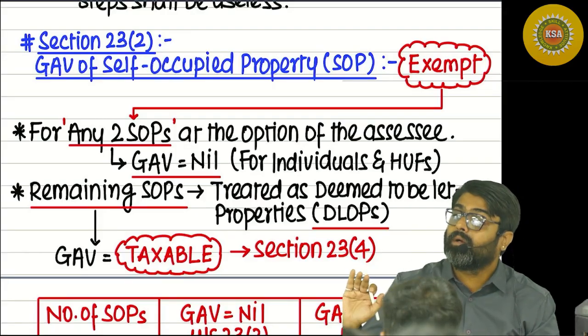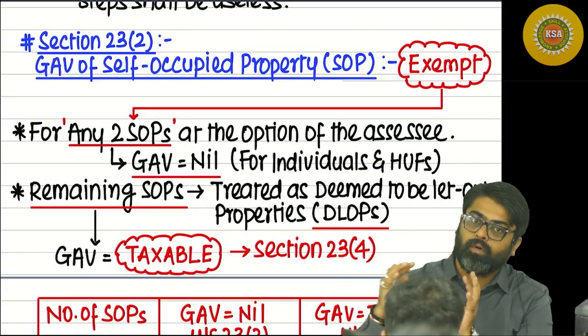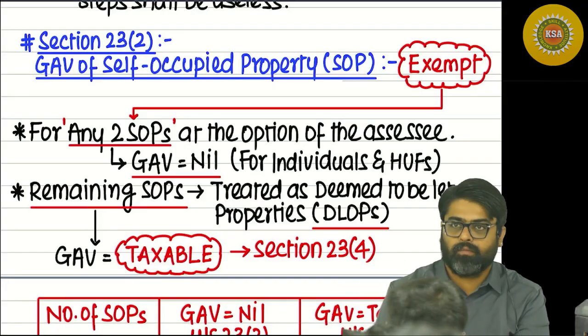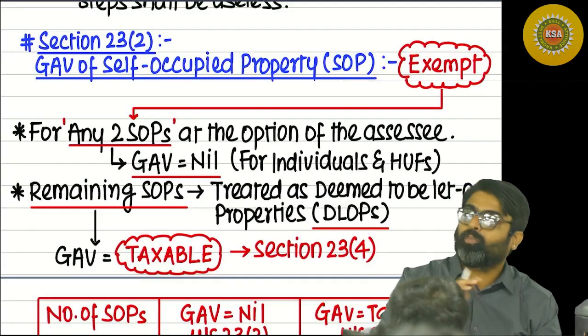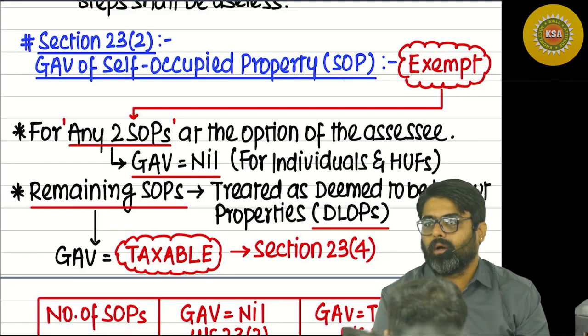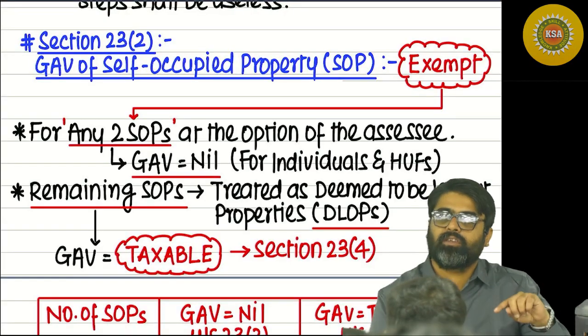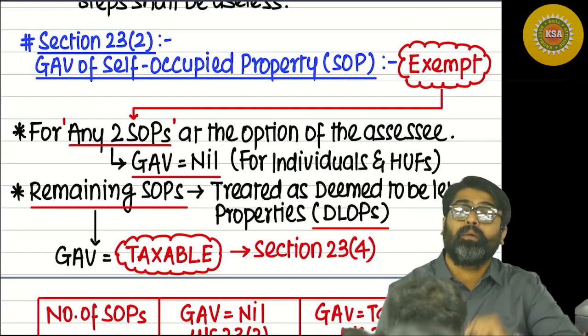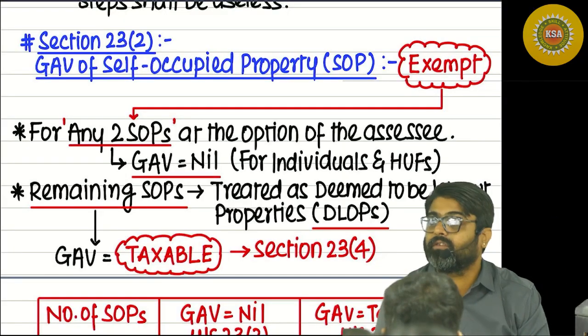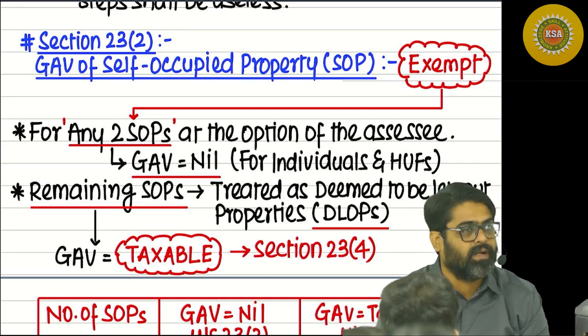Getting my point? Now, throughout the year, not self-occupied. Self-occupied for only part of the year, but for the balance part of the year it could not be occupied because the assessee is shifting to another place because of his employment, business, profession, etc. Yes or no?